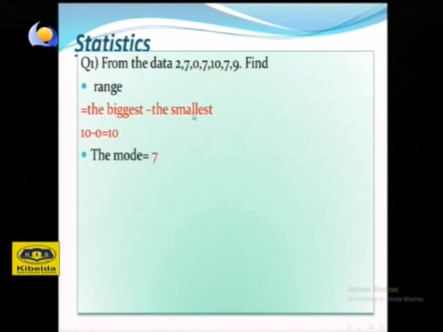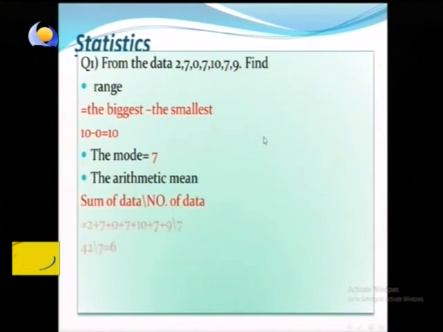And we talked about the mode many times. The mode is the most frequent number, or the most repeated number. It's clear that the 7 is repeated 3 times, so our mode is 7. The arithmetic mean is the sum of data, or the sum of observations, over the number of observations.